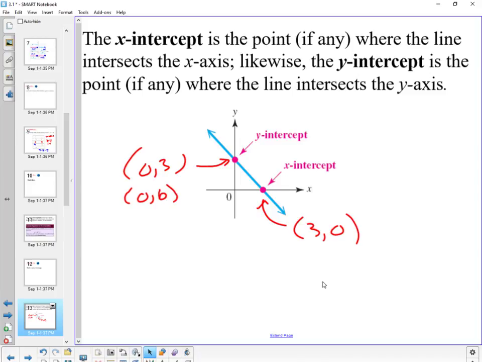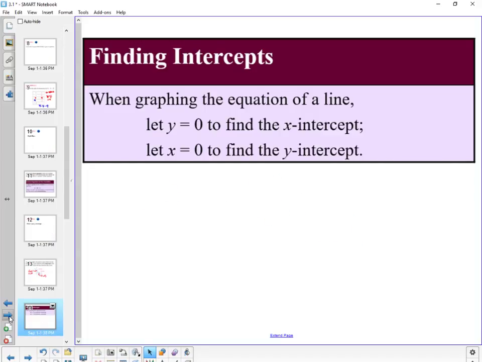Little b. That's usually what they'll call it, but it doesn't have to be b. Remember, b is just a variable. If you see a 0 at the beginning, you're looking at a y-intercept. If you see it at the end, then you're looking at an x-intercept. And that's exactly what we just said.